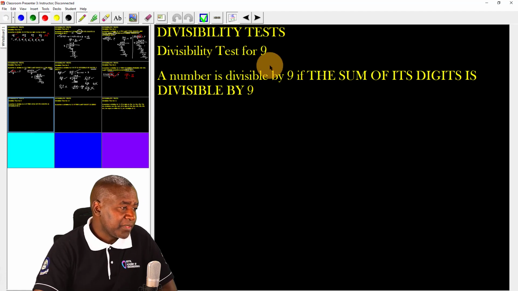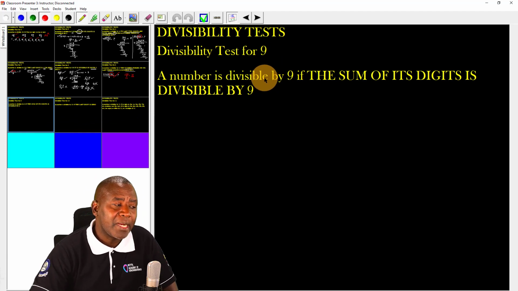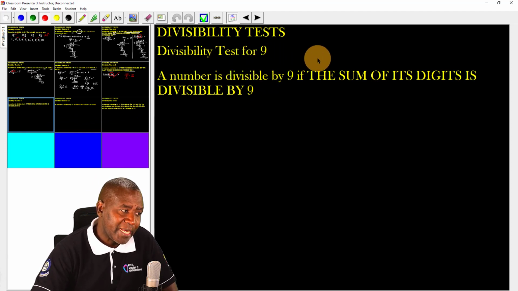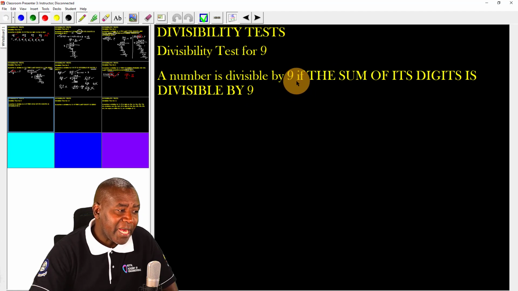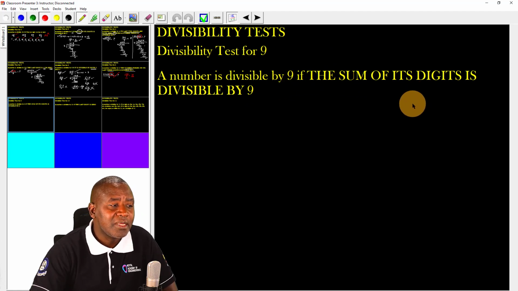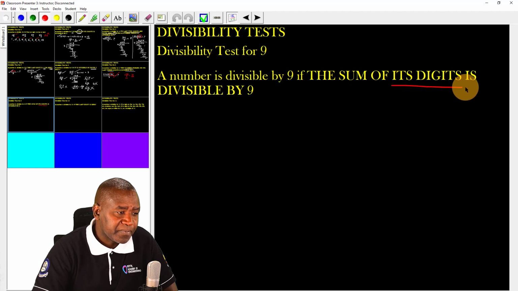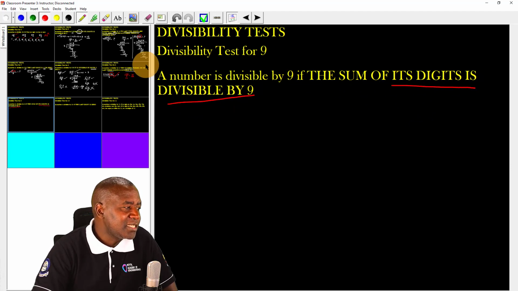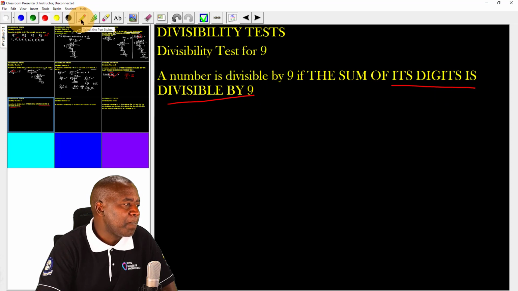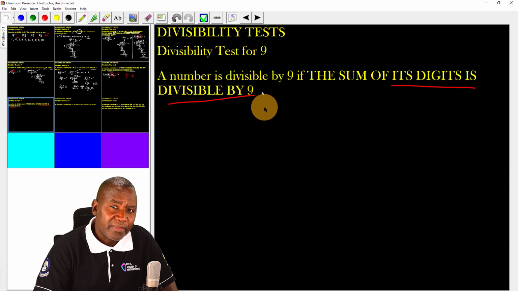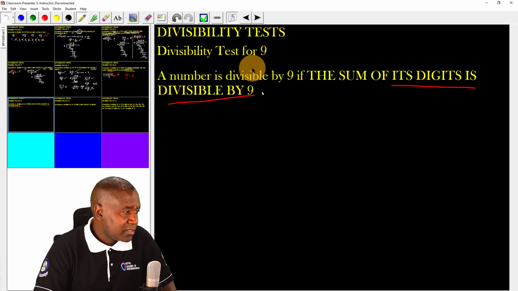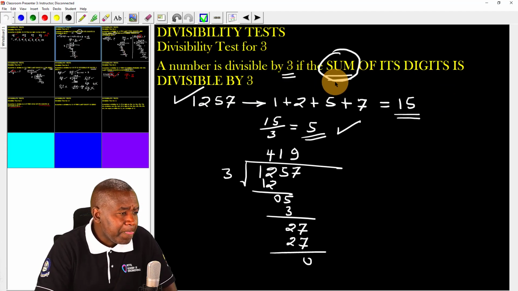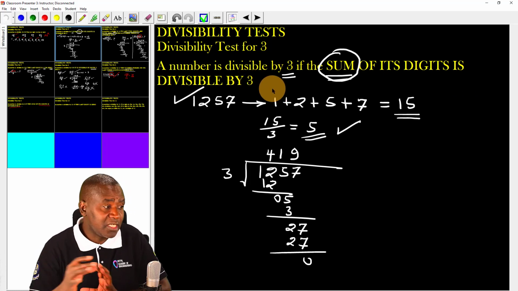Let's look at the divisibility test for number 9. A number is divisible by 9 if the sum of its digits is divisible by 9. It is like the divisibility test for 3, where the sum of all its digits is divisible by 3.